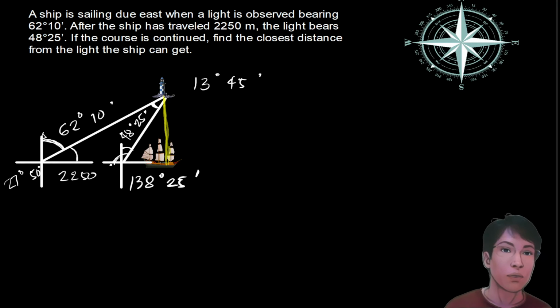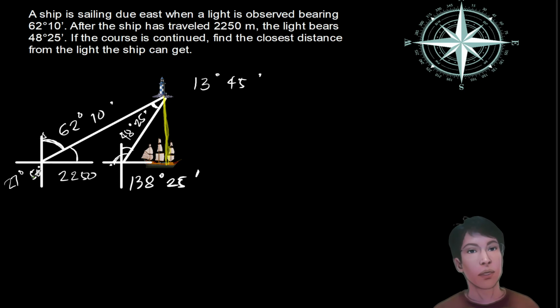So how did I get this? First, I took this one, this angle is 48, given, plus 90, so that is 138 degrees 25 minutes. This is given as 62, so I subtract it from 90, which gives me this angle, 27 degrees 50 minutes.